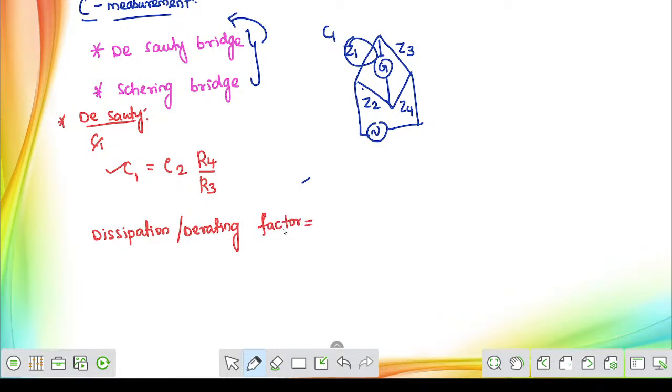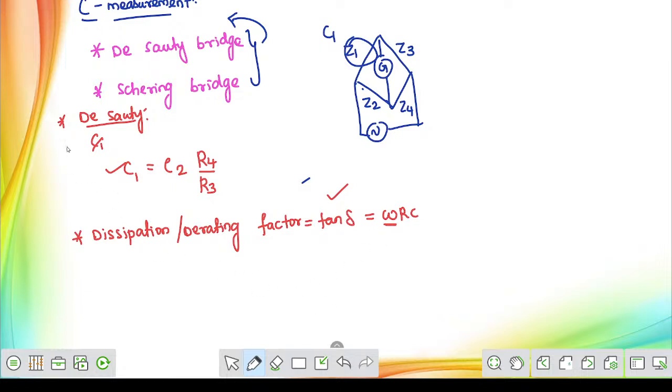If this is the question, the dissipation factor is simply tan delta. And this tan delta, that is the loss tangent, is equal to omega into R into C. This data will be given. So if they ask you to calculate the value of the dissipation factor, directly find the value of tan delta, that is the loss tangent, which is nothing but omega RC. So the dissipation factor is nothing but the product omega RC; you must remember that.